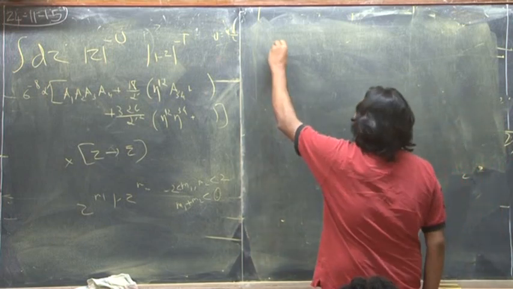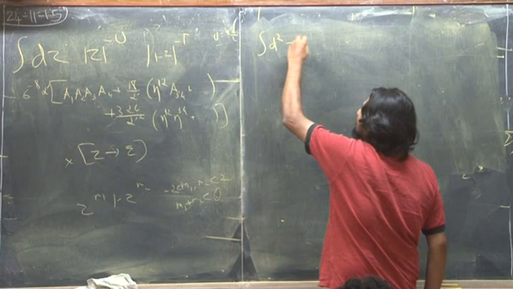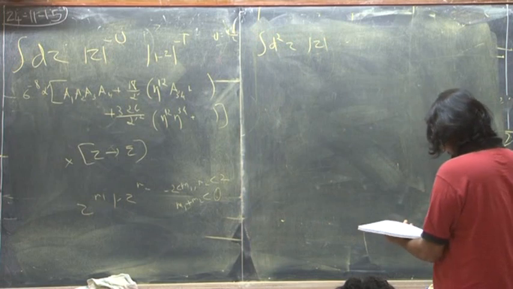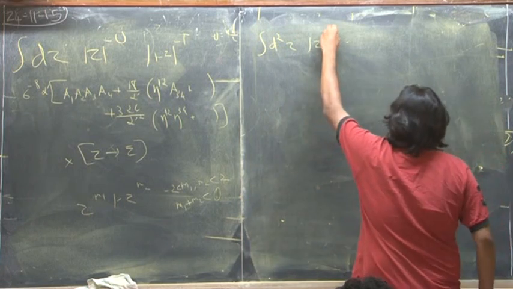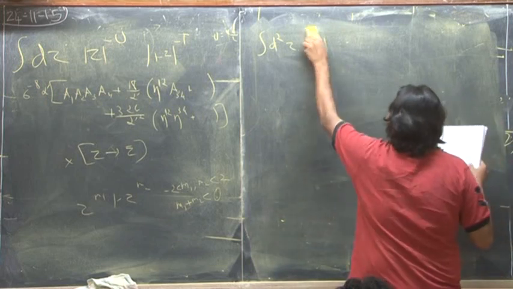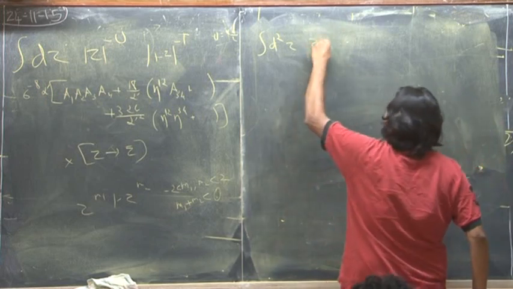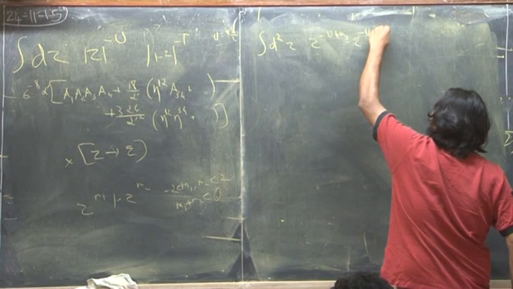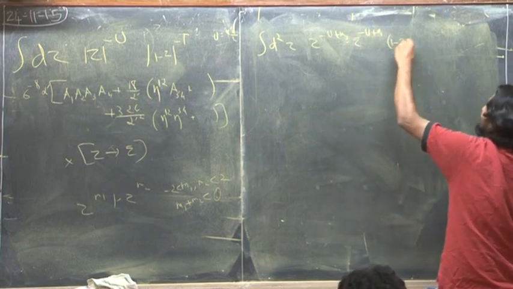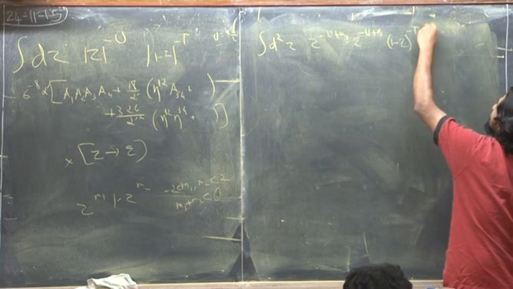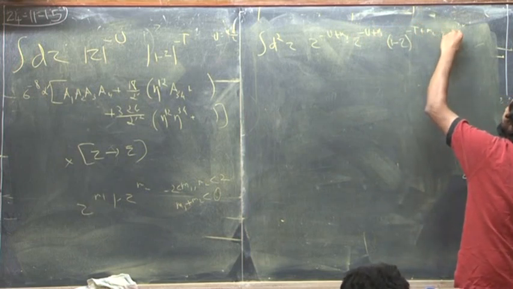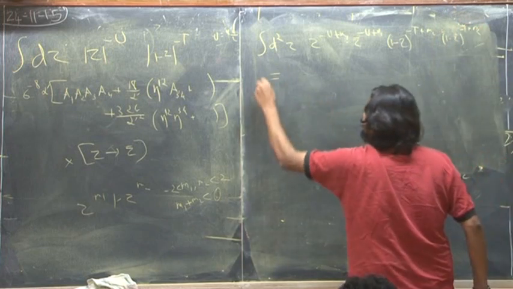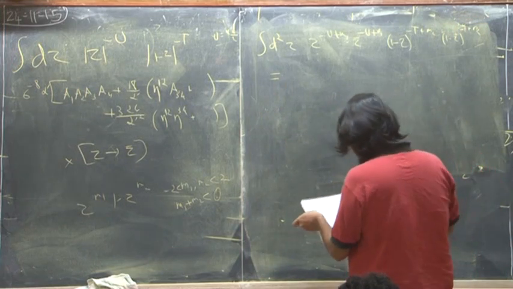It's basically the formula for an integral d^2z of mod z to the power minus u plus z1, mod z to the power minus u plus z1, mod 1 minus z to the power minus t m2, mod 1 minus z to the power minus t plus, equals some product of gamma functions, which we're going to write down.